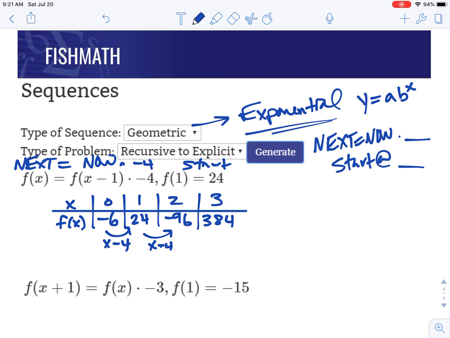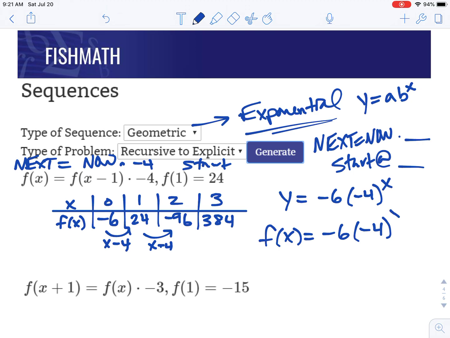So in this case, it'll be y equals our y-intercept, -6, times -4 to the x. That would be one way to represent this situation. But because it's f of x, we're just going to tweak it a little bit. We're going to call it f of x equals -6 times -4 to the x.